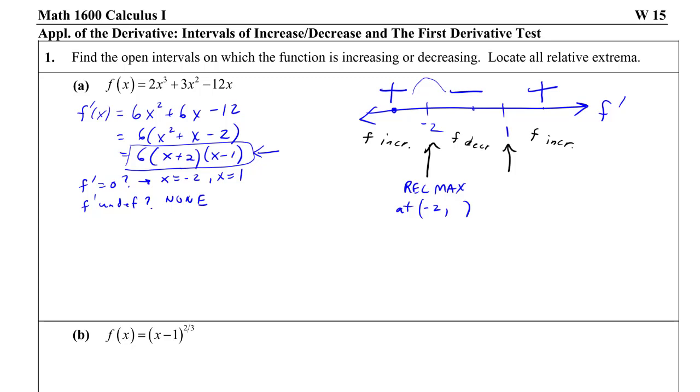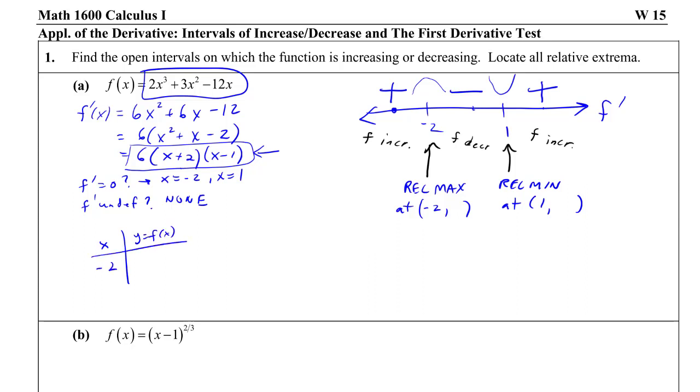And at 1, we had it decreasing before and increasing after. It must have bottomed out there. Relative min at 1, something. So I have to go back to my original function and find out some values.